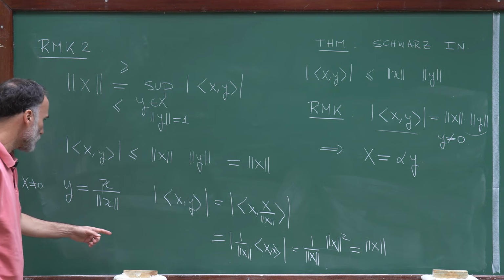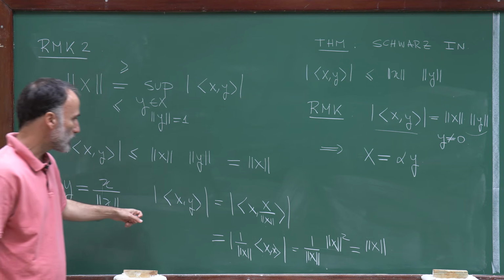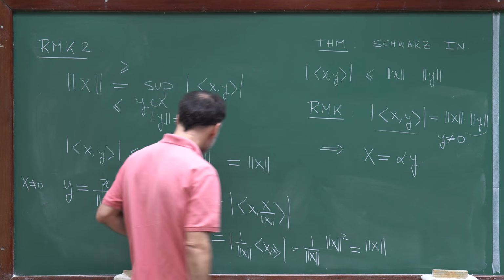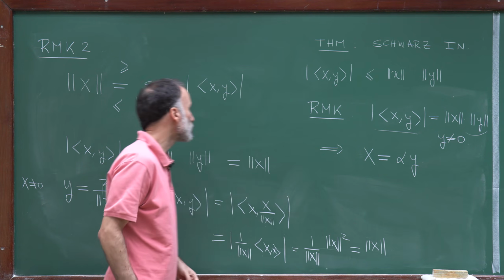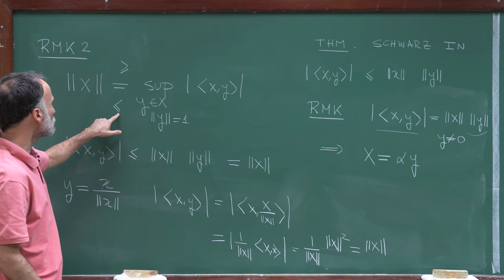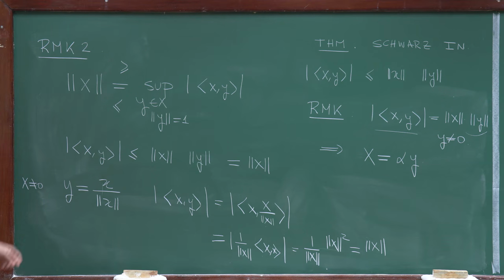And therefore, for that y, we get exactly the norm of x. Therefore, the supremum is larger or equal than the norm of x. So this proves the second inequality, and therefore we have this identity for all x.